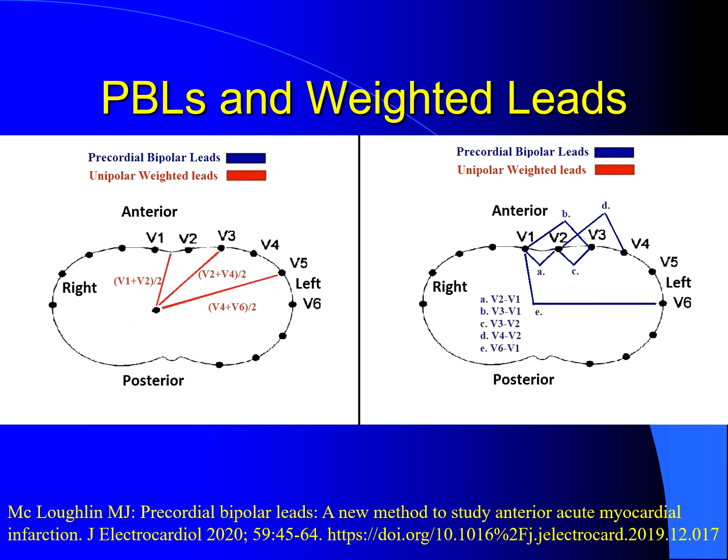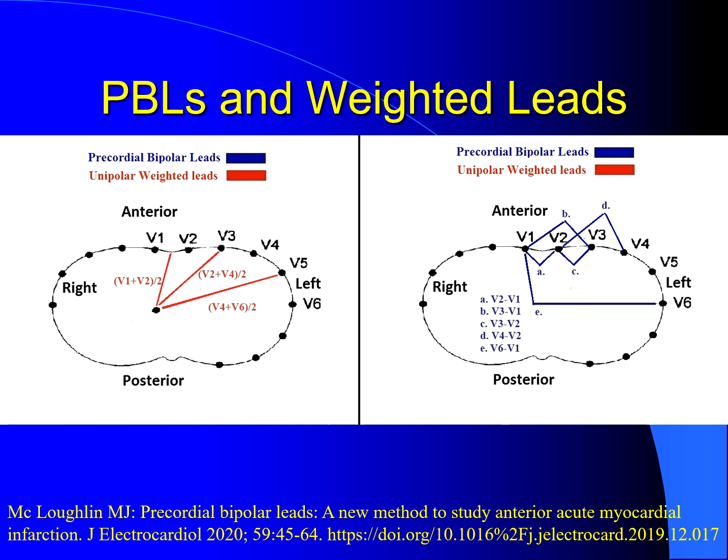PBLs and weighted leads. The manipulation of the same data that produce the PBLs allows creating weighted unipolar leads. These leads are simply the proportional sum of two classic PULs.